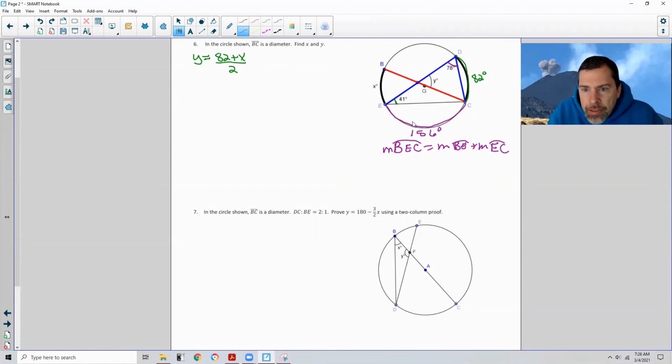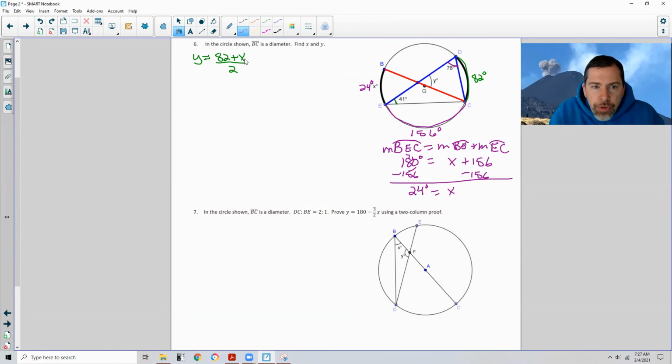Okay, that's a semicircle, so this is 180 degrees. BE is x and EC is 156 degrees. So if I subtract 156 from both sides, I get x equals 8 minus 1 is 7, 10 minus 6 is 4, 7 minus 5 is 2. So x is 24 degrees.